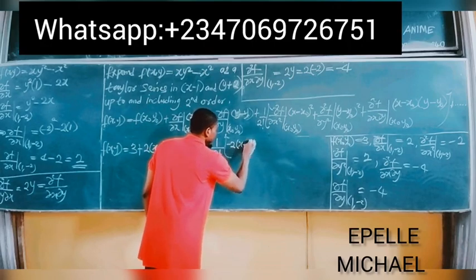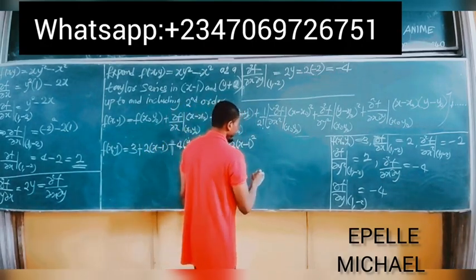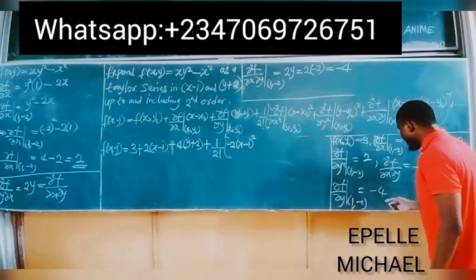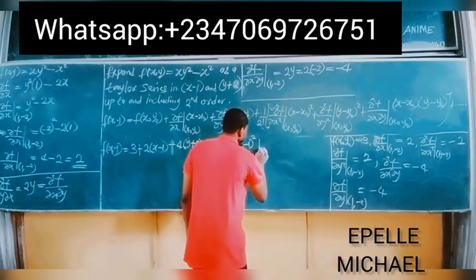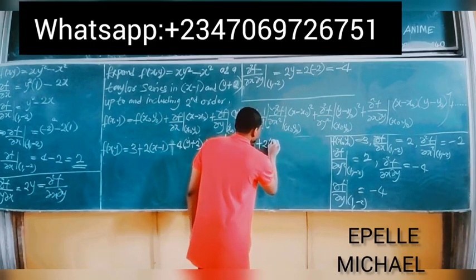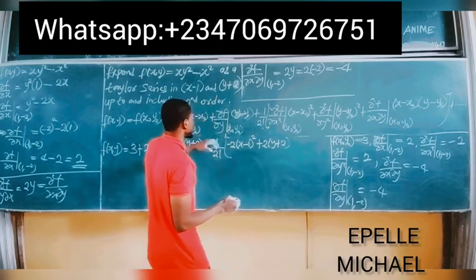Plus, next is partial squared f partial y squared, and that gives us 2. So we simply have plus 2 into (y plus 2) squared. Of course, y minus y naught was given in the equation as y plus 2.